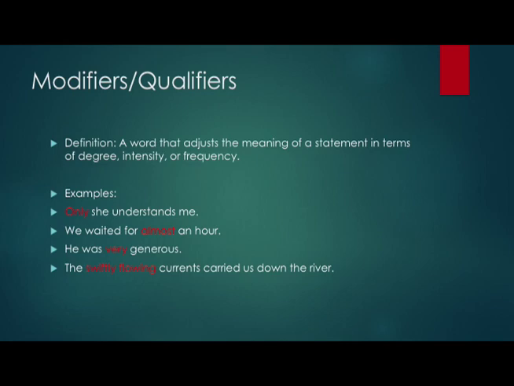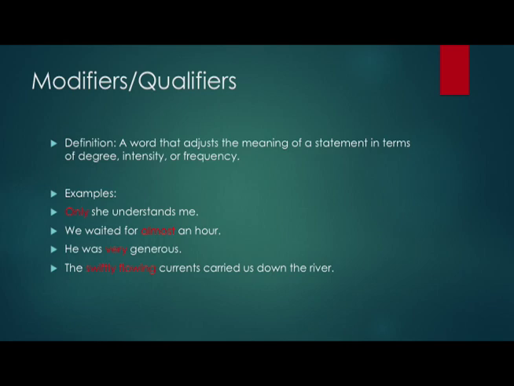All right, second example. We waited for almost an hour. Okay, so almost here is the modifier. Please note that it has to be in front of an hour. So the meaning of the sentence is, we were somewhere, we were waiting for someone, we waited 54 minutes and then finally had it and went home. But it's the fact that we waited not quite an hour.